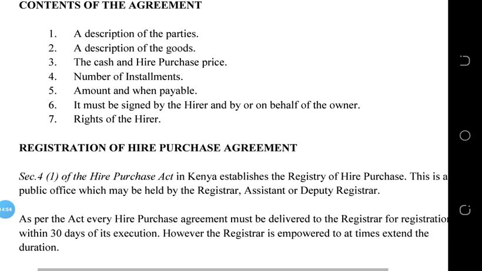Remember, for a hire purchase agreement to be valid, it must be registered with the registrar of hire purchase.